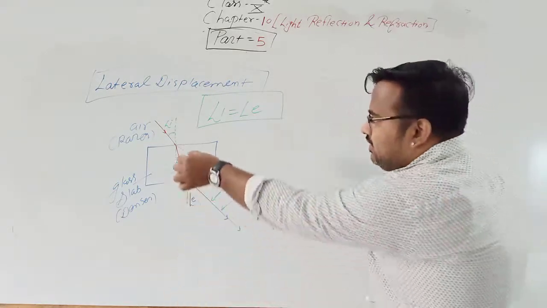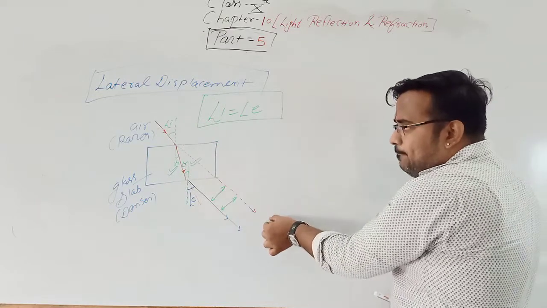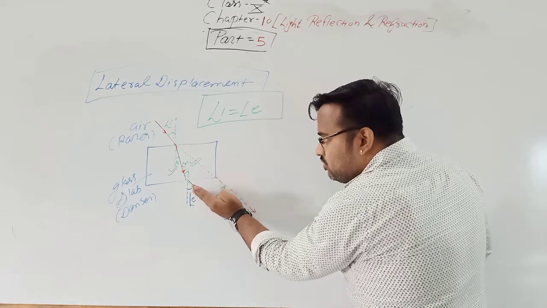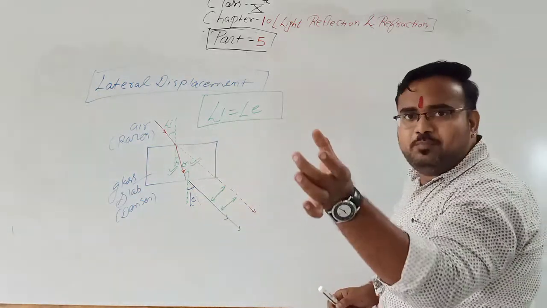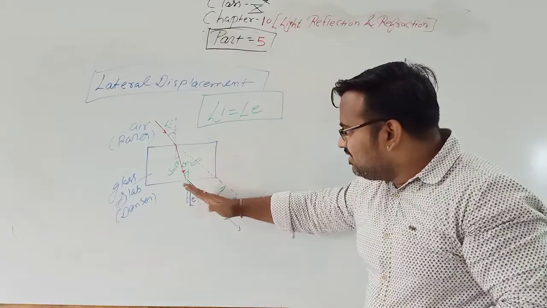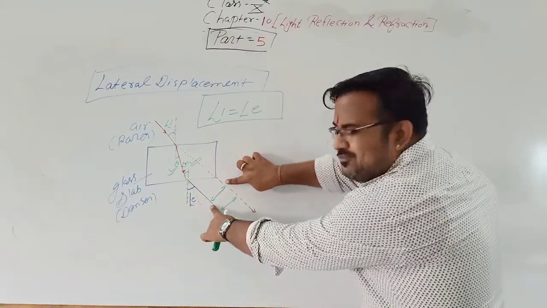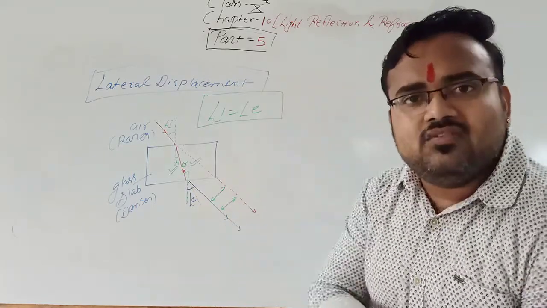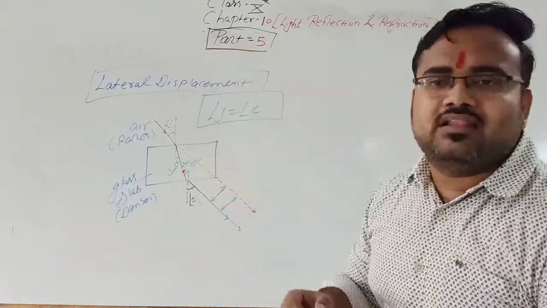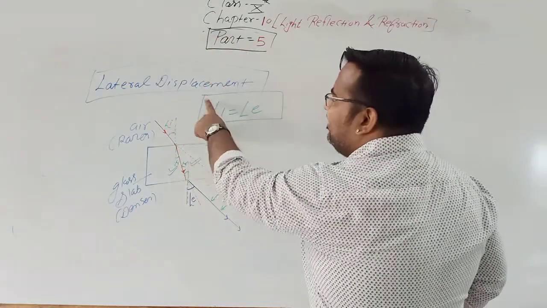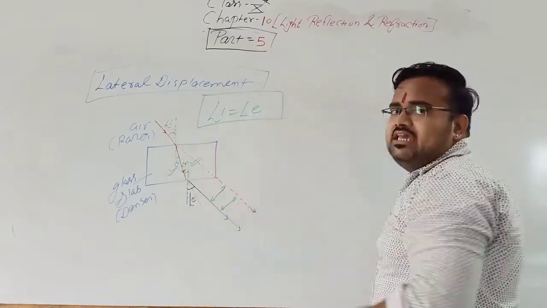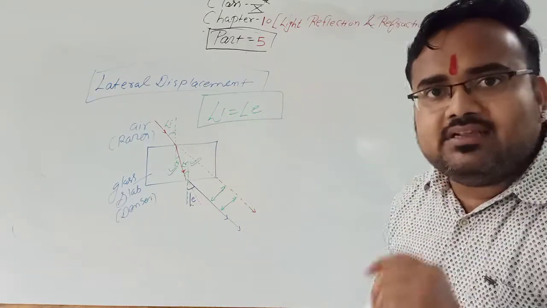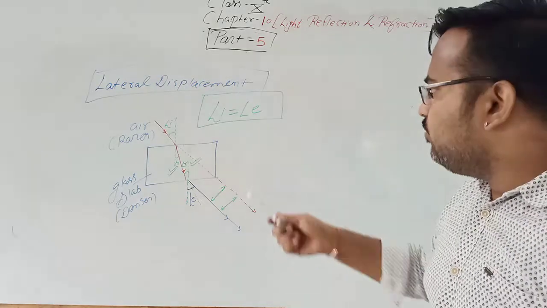So this is the lateral displacement, and the distance between these two is known as lateral displacement. Therefore, we can say in lateral displacement, angle I is equal to angle E. Clear? You can draw this diagram.